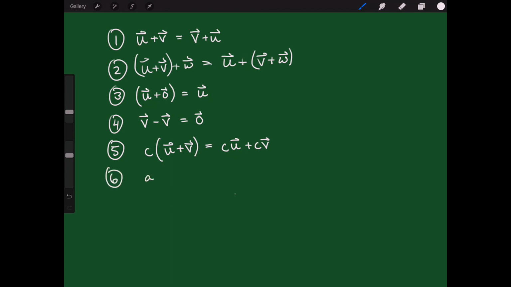Sixth, we have that a plus c, two scalars added together, times a vector v, is equal to av plus cv. So in other words, a vector can kind of distribute over scalar addition. Next, we have that 0 times v. I'm sorry, I didn't want a vector symbol over that 0. This is just 0 as in the actual number 0. So 0 times v is the 0 vector.